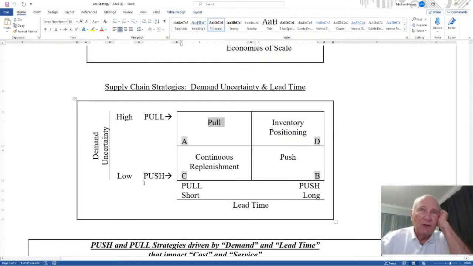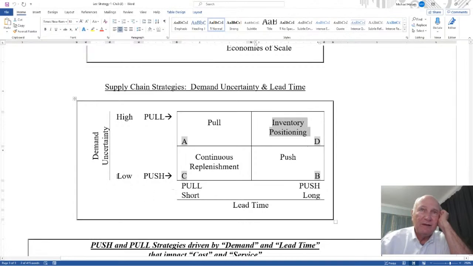A low demand uncertainty with a very long lead time, that's a pure push. But as we mentioned before above, if you have a high demand uncertainty with a long lead time, well then you're going to have an inventory positioning downstream.